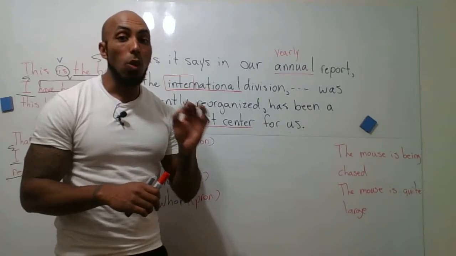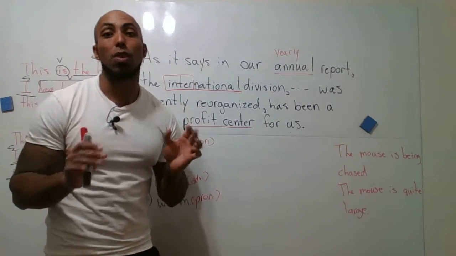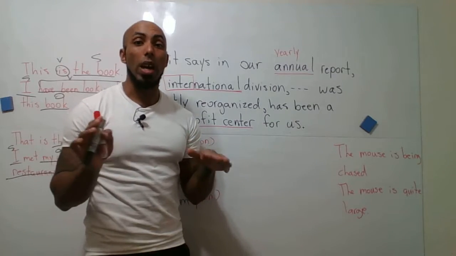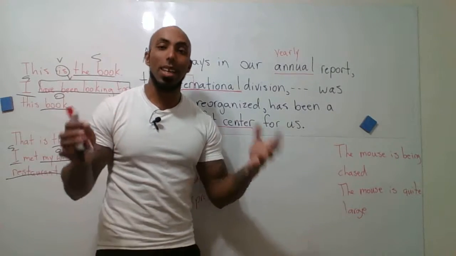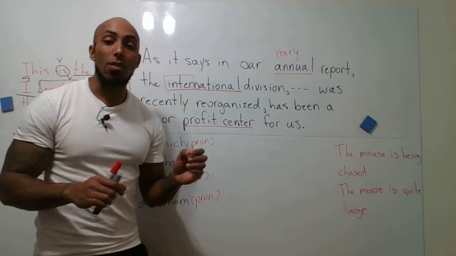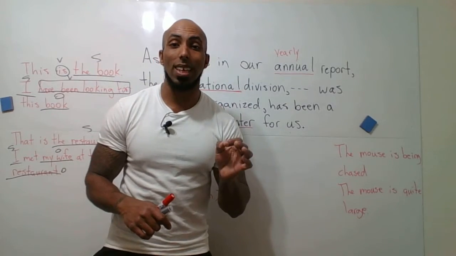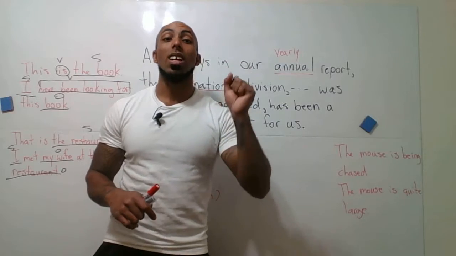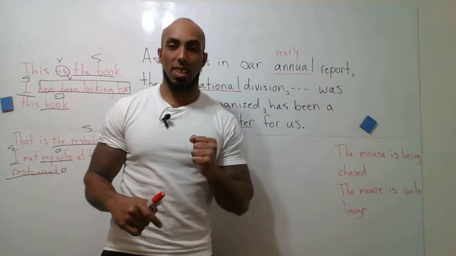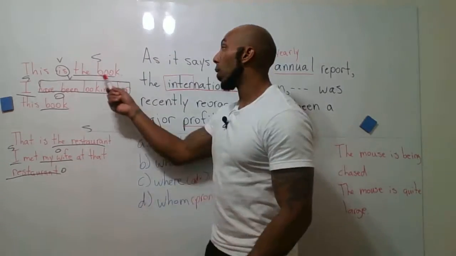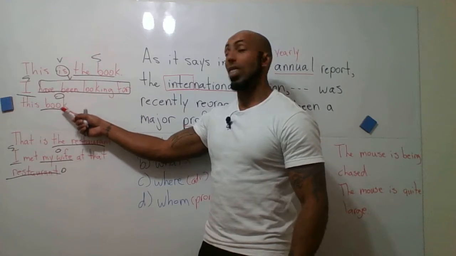Now, the only difference between "who," no M, and "whom," M, is that whatever the relative pronoun "whom" is replacing is the object in both sentences. Remember here, the book was the subject, and here it was the object.